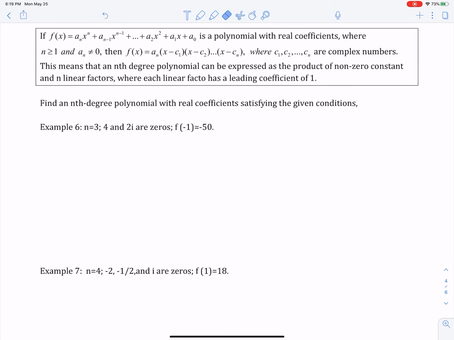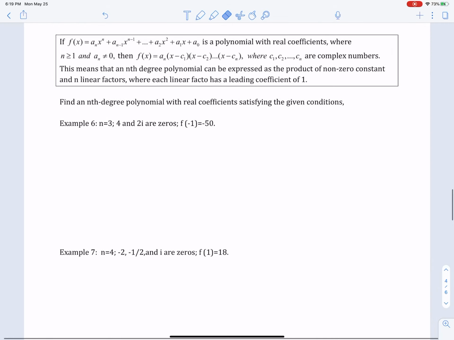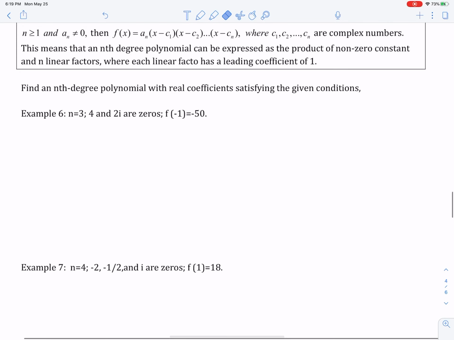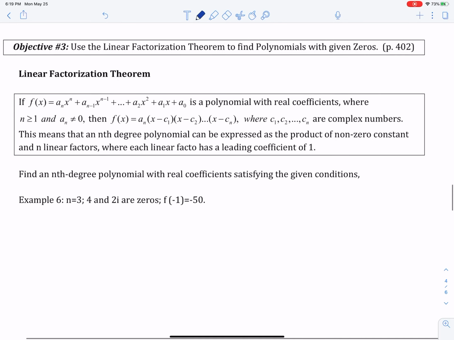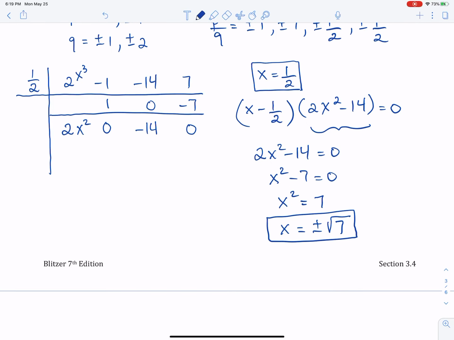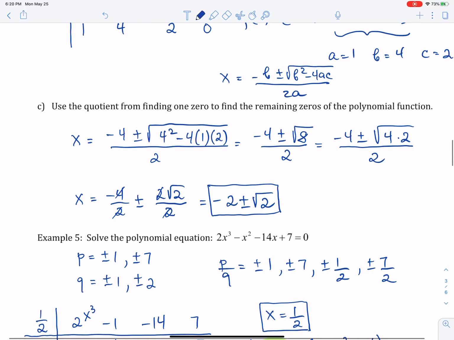Well, the polynomial is going to be powered by 3, so 3 zeros. And I'm given 2 of them. First of all, where do the complex factors come from? From the previous example, you saw that we had one real zero right here, and then using either the square root property or the quadratic formula, we end up having plus and minus before the square root.